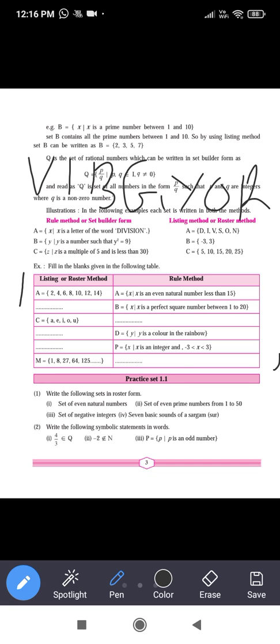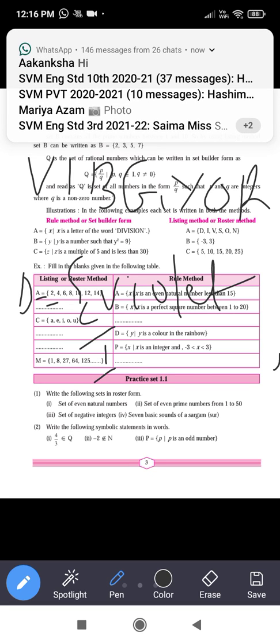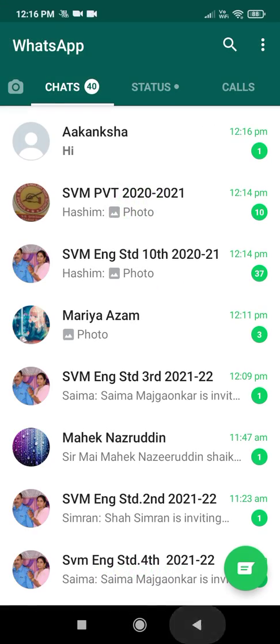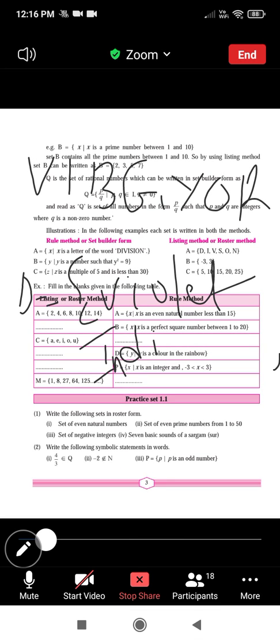So here set D is equal to curly bracket, V for violet. Next color, represented by I, is indigo. Next will be B for blue.